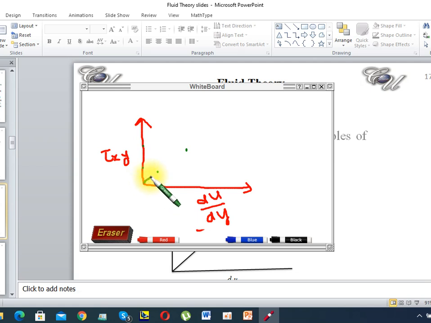When you join these dots, you will have a straight line, which I have mentioned. This is actually mu, the dynamic viscosity, and when the dynamic viscosity is a linear function like this, we call it a Newtonian fluid.